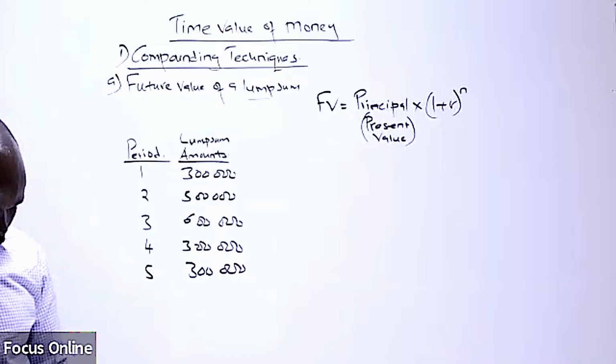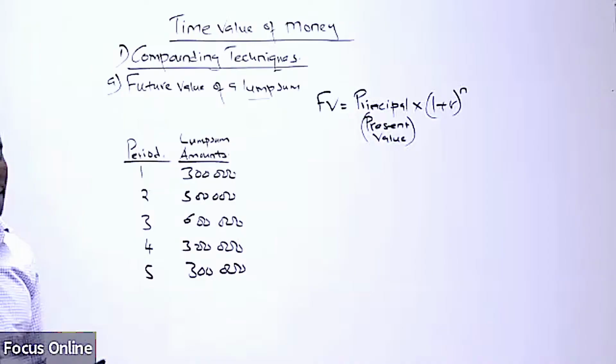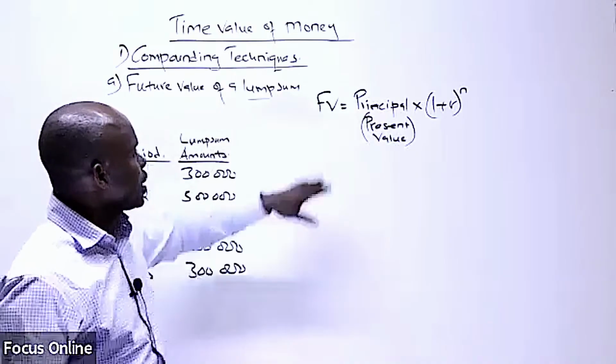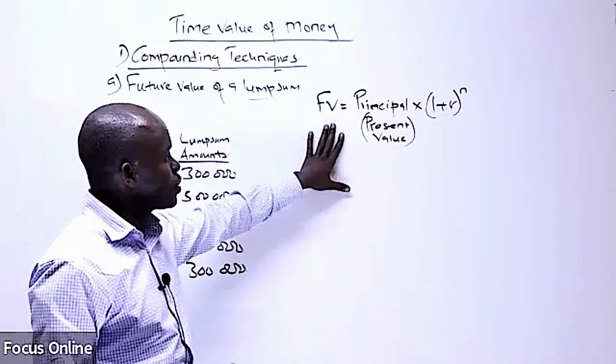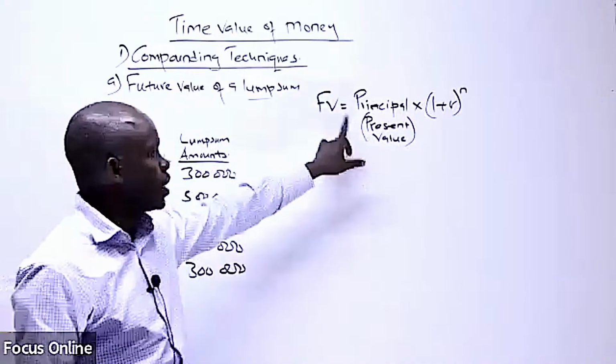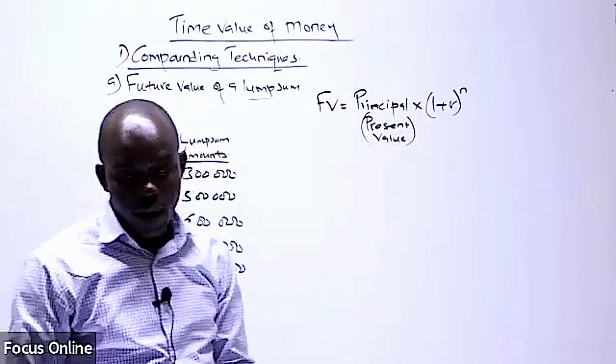Equation for finding future values of a single amount is derived as follows. How it is derived is not so much important to us. The most important thing is this. This is how we get the future value of a lump sum: future value of a lump sum is equal to principal, present value, times 1 plus r power n.